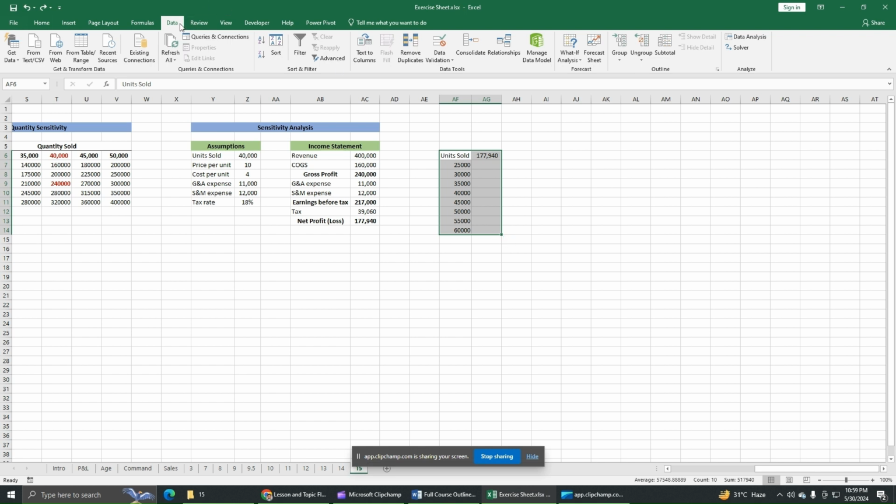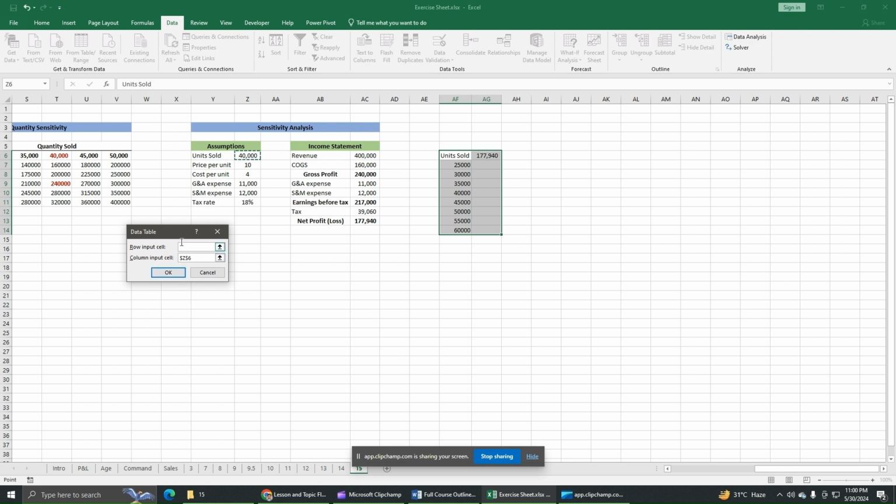Then from the data menu, what if analysis, data table. Now we have to give the input data. Our input data is units sold, and this units sold is arranged column wise. So we have to select column input, and select the units sold cell.